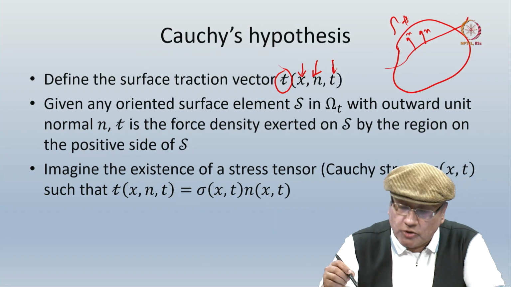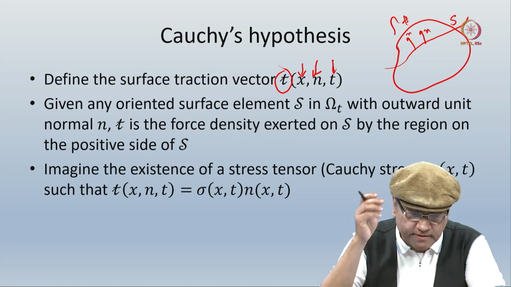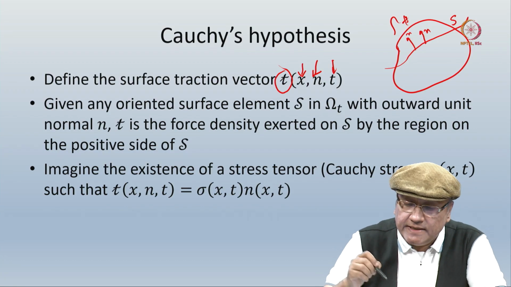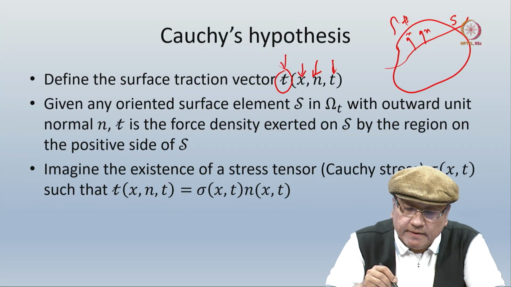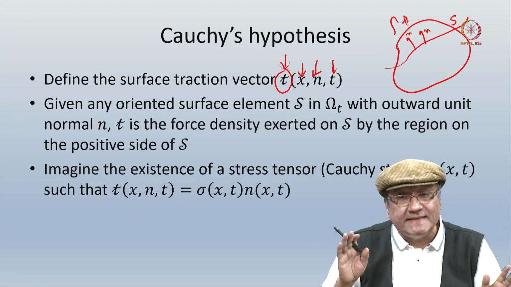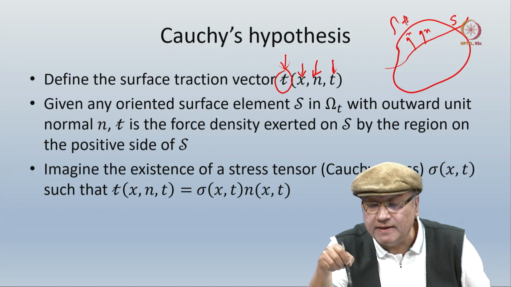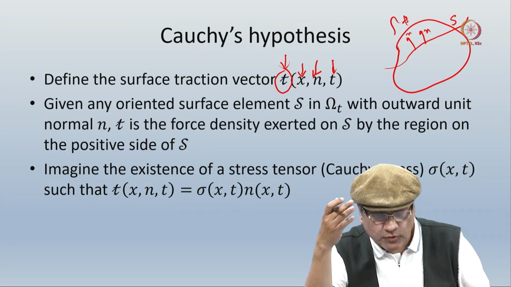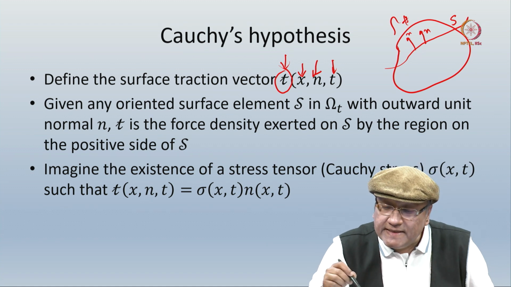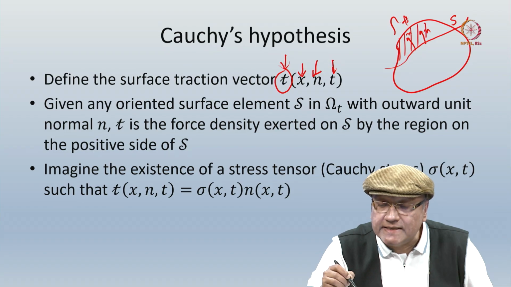So, call this surface S, okay, this is a surface. Then the traction should be considered as the force density. Force density means force per unit area of this surface S, exerted on this S from the material which is outside.